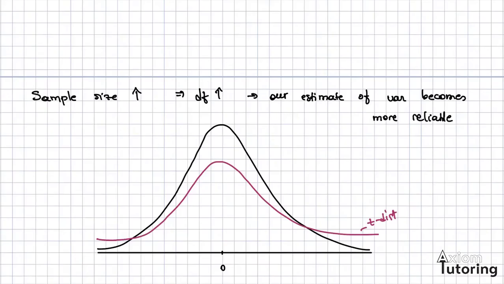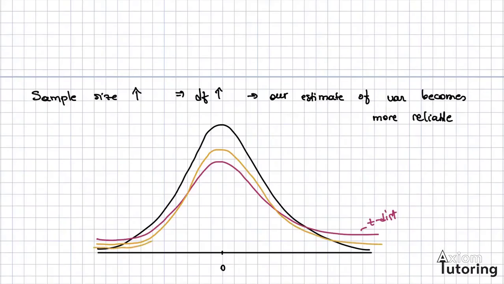So visually, the t-distribution should slowly collapse into the normal distribution as the sample size increases, which means that from this original red line that we have here, as the sample size increases, the tails should become lighter and the distribution a little bit taller.